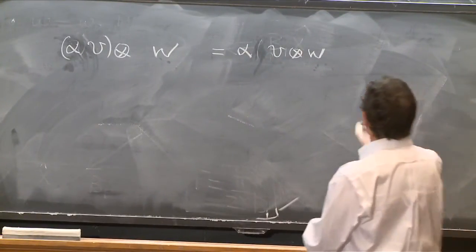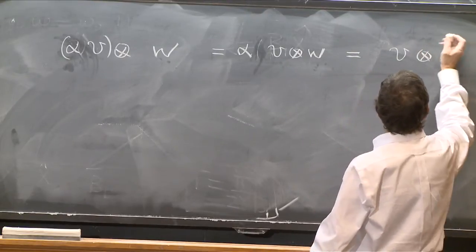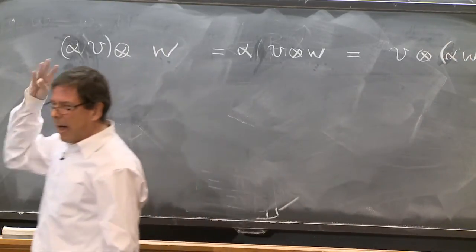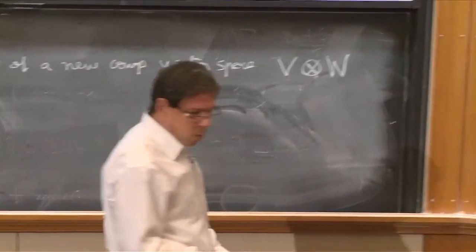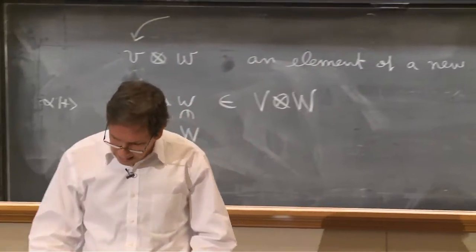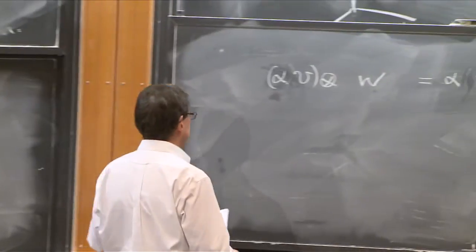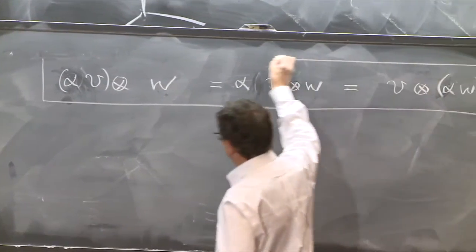And it's the same thing, and it's also the same thing as v tensor alpha w. So numbers go out. And they don't go out with a complex conjugate. They go out just like that. So that's one thing we declare that will happen with these things, and that's a property that we impose, and it's what is usually understood to take place in tensor products.